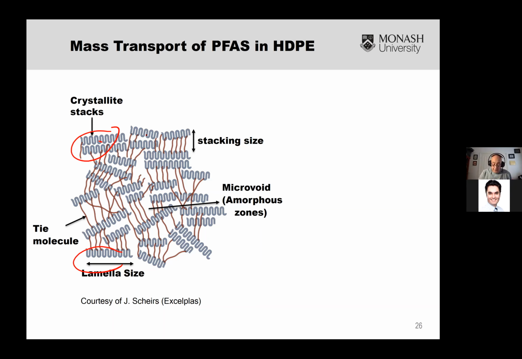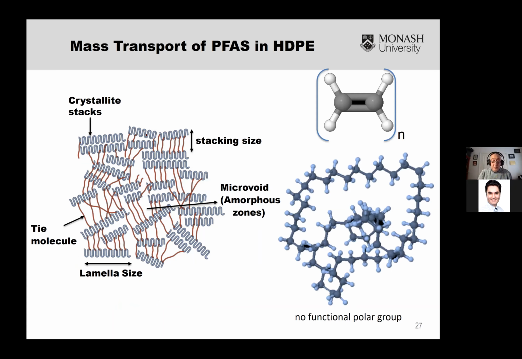Now, another property specific to polyethylene is its non-polarity, since it has no functional group capable of hydrogen bonding. It's a long chain of carbon and hydrogen linked to each other, and they are quite linear.